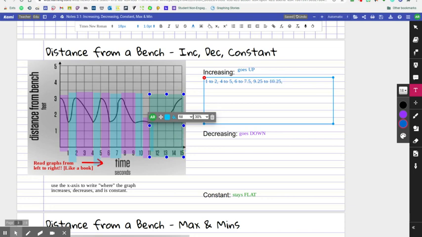Sure, to 10.25. And then when's the last bit here? When is it increasing? From what time to what time in blue? Yeah, like 11 to 15.